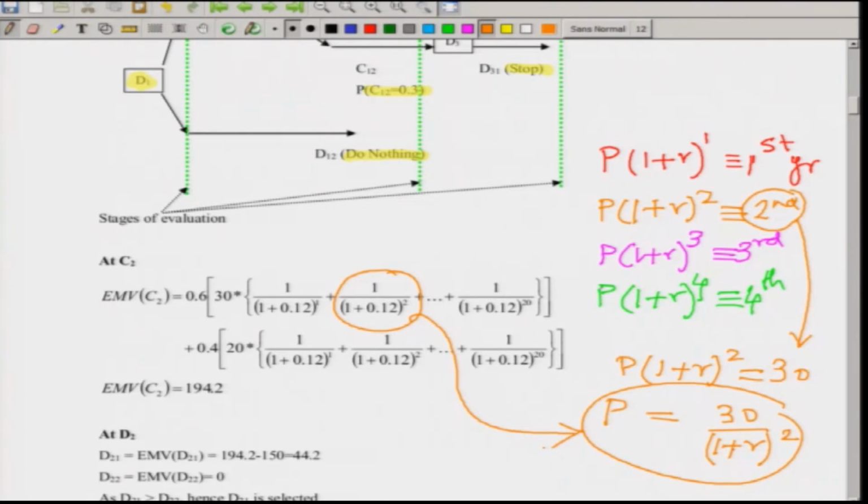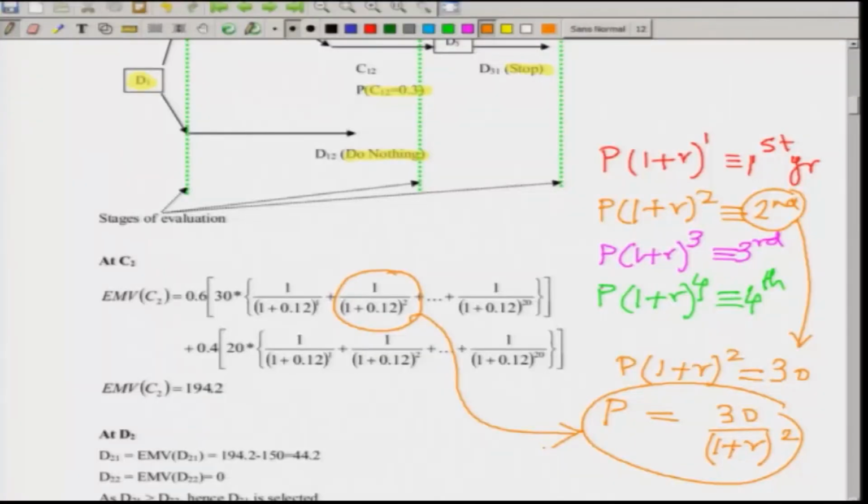So if I come to the third year, so have a look. You may be thinking, why am I using the same value of R, the interest rate? Well, that is a simplistic assumption; interest rates change. So technically the R which I am using for the first year, second year, third year, fourth year can change.